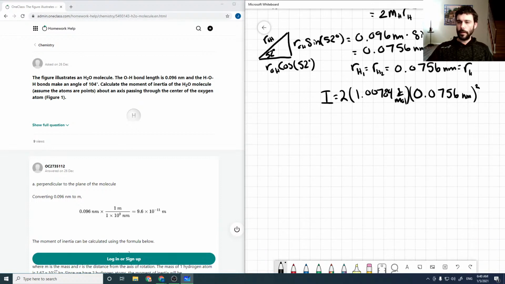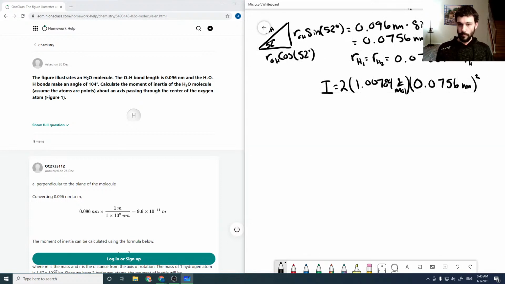Now if we run this through our calculator, this comes out to be 0.0155 grams per mole nanometers squared. Again, I just want to convert it to kilograms meters squared because that's the typical units.